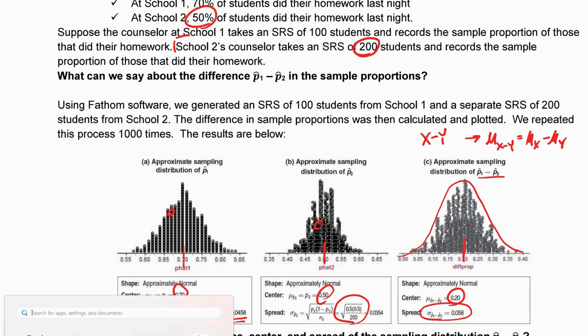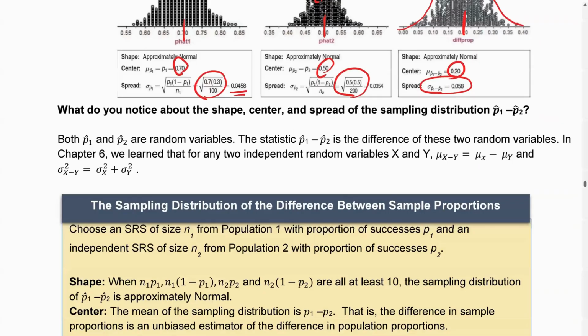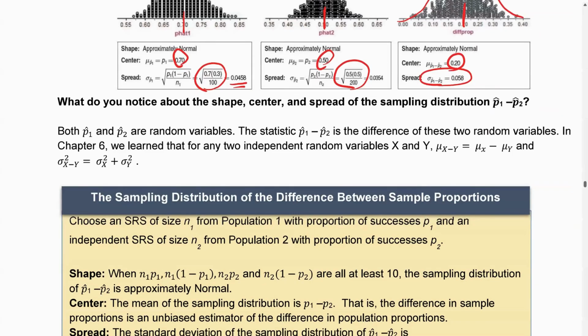Well, we may recall that when we do differences of random variables, the variance of that difference of random variables is equal to the sum of the variances of the individuals.